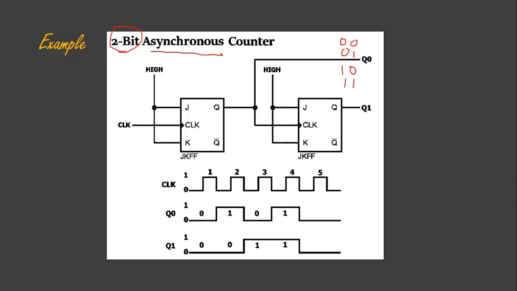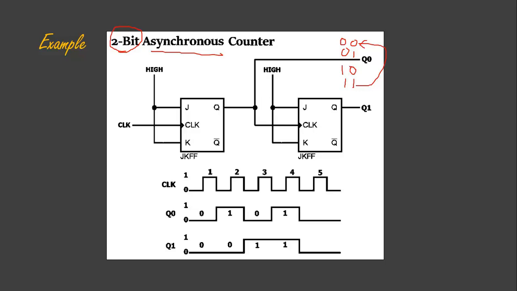So these are the 2-bit numbers in digital. This 0 0 is equivalent to 0 in decimal, this is equivalent to 1, this one is 2 and this one is 3. So this counter can count from 0 to 3 and again roll back to 0. Again it can start from 0.